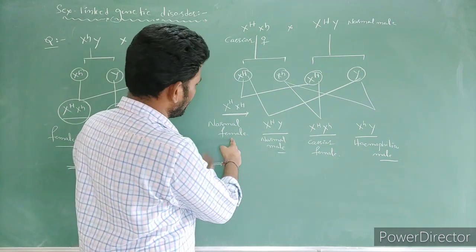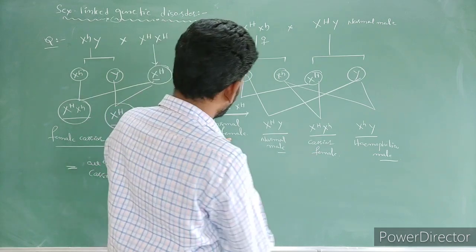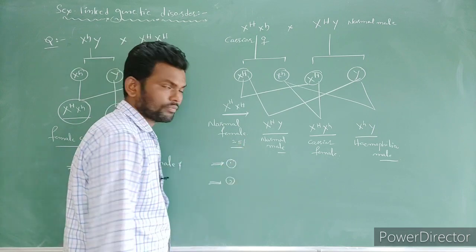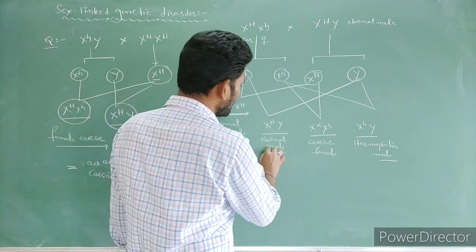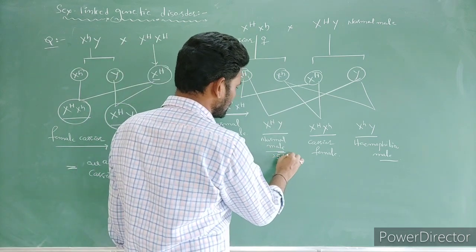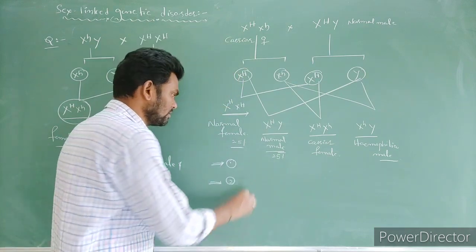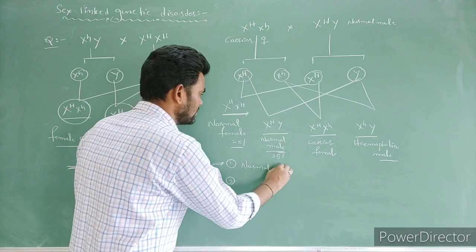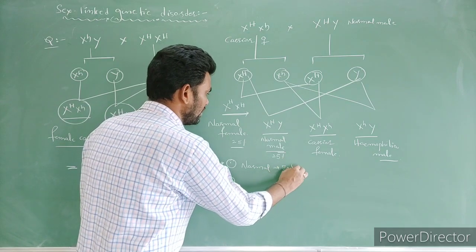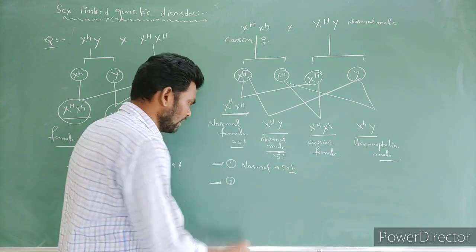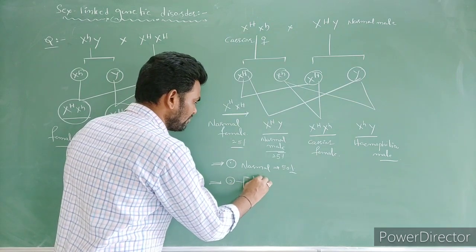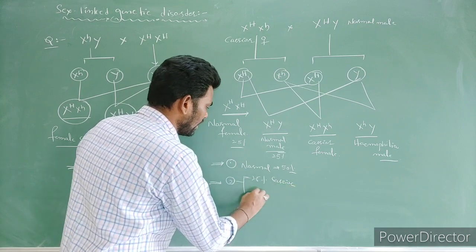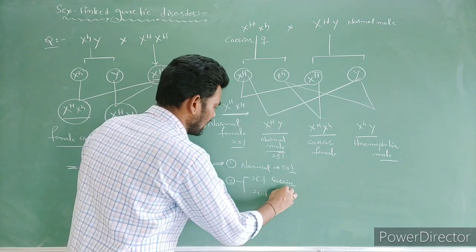Normal female is 25%, and normal male is also 25%. It means normal persons, without gender, are 50% of individuals, 25% of individuals are carriers and 25% of individuals are diseased.